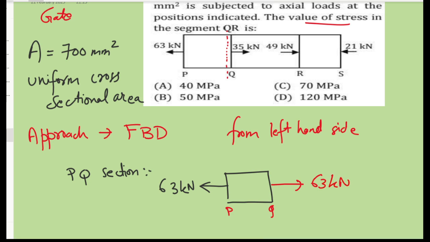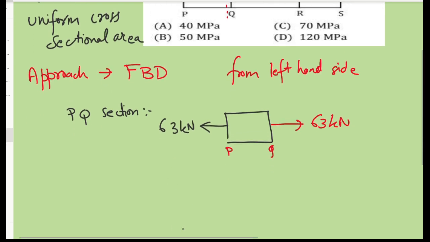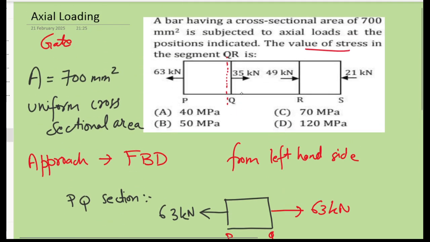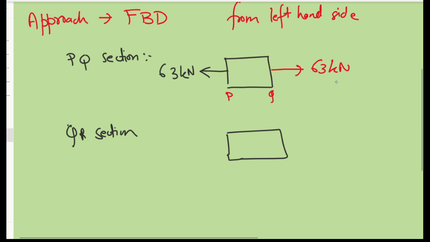Okay. So moving on to the next section, we have the QR section. So what to write here? So here 63 kilonewton is acquired just before Q, and this is acting in this side. So here it will act in the opposite direction.